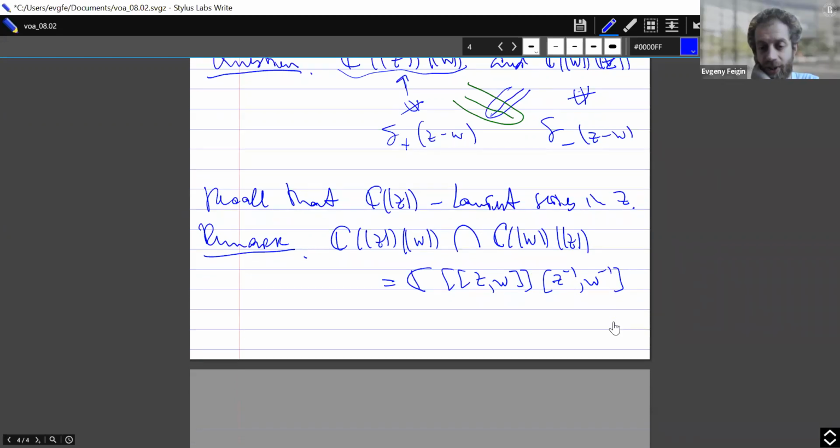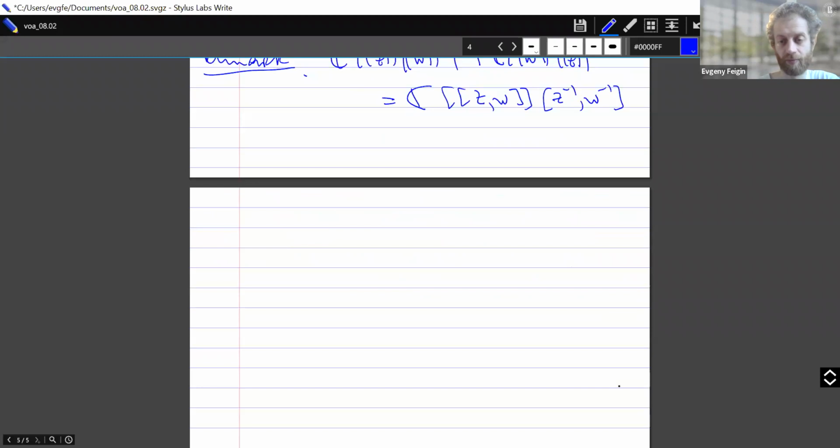So in other words, the intersection of these two is a very concrete thing. You just take all possible series in Z and W, and in inverses you take polynomials. Good.